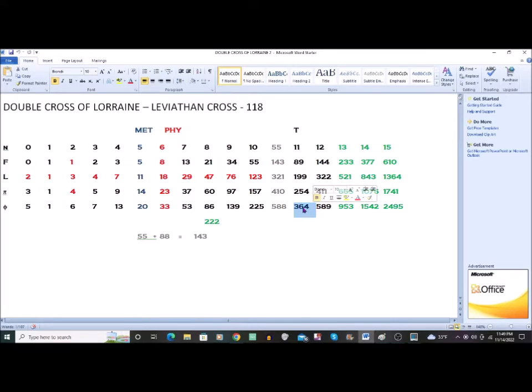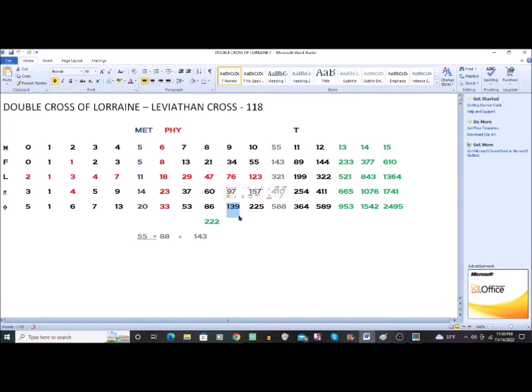Interestingly enough, 364 right there. And how am I going to explain this? 364 is, if we just switch those numbers around, if we went 361, which coincidentally is the same numbers as this here, 361, which is the bottom of this, and it's also the total for the 7 column as well.